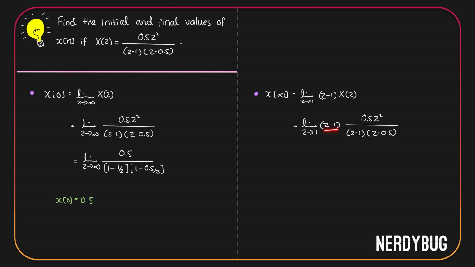Here z minus 1 and z minus 1 will get cancelled. So it becomes the limit as z tends to 1 of 0.5 z square divided by z minus 0.5. Now z takes the value 1, z square becomes 1, z over here also becomes 1. So this is equal to 0.5 divided by 1 minus 0.5, which is equal to 1. So the final value of x of n, or x of infinity, is 1.